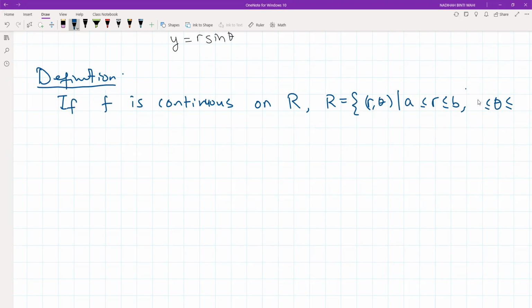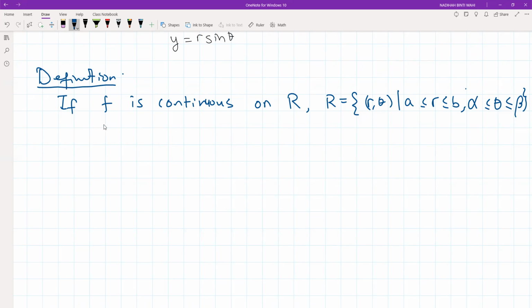Okay, and then theta goes from say alpha and then beta. And usually beta minus alpha is between 0 and 2 pi. So that makes sense because the maximum angle for circle is 2 pi, minimum angle is 0.